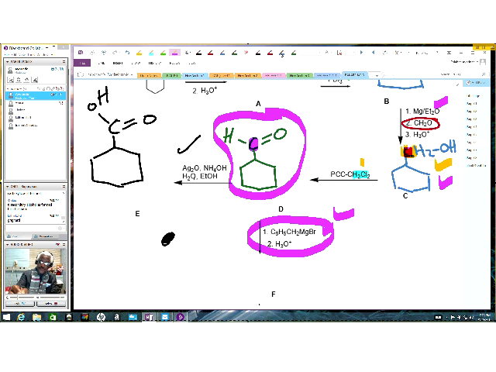Let us write down the product. Use the green color to be consistent. So we are going to do this here.